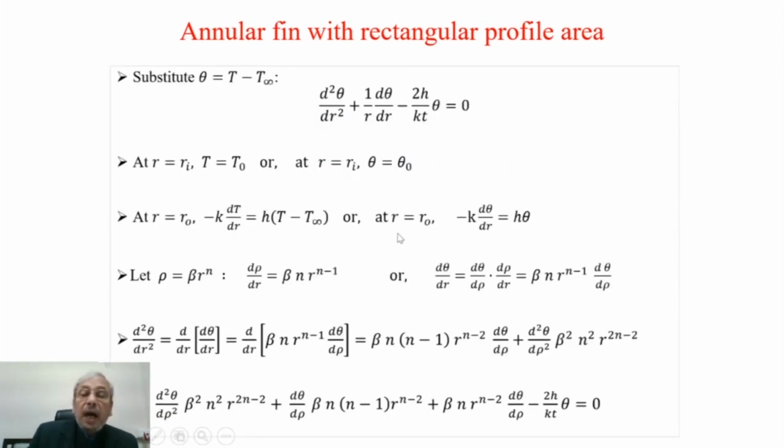So at r equal to r naught, minus k d theta/dr equal to h theta.